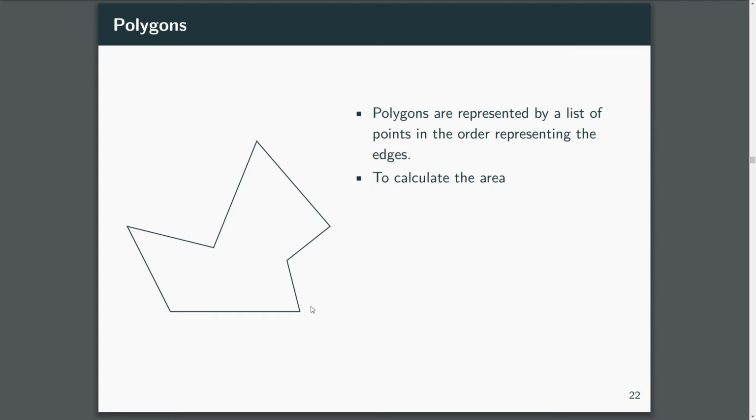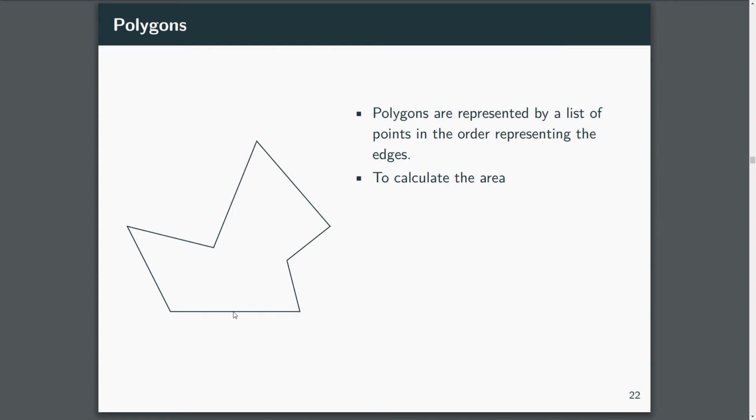To clarify on that, you would have this point in the list, and then next you have this point, and then this point, and this point, then this point, and that's your whole list. Or you could do it the other way around.